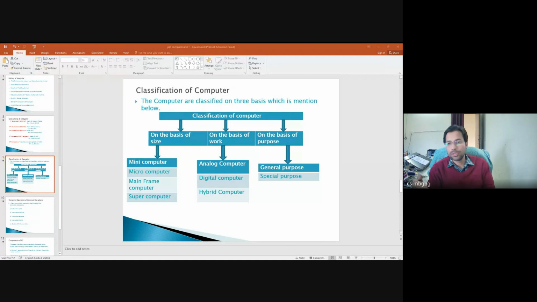In comparison to other systems, these systems are much smaller. For example, our tablets, smartwatches, present technology devices all come under this category. Microcomputers are small gadgets that we use in our day-to-day life, such as your smartwatch also.